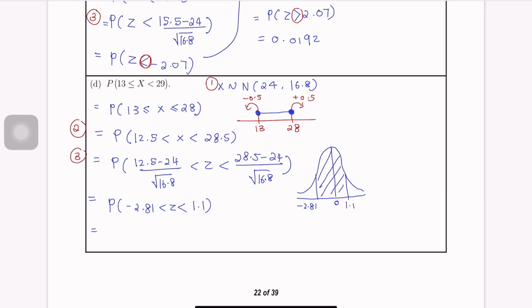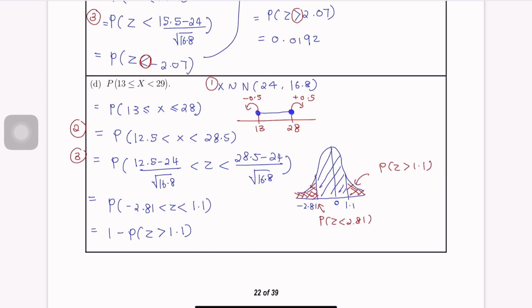So what we can do is 1 minus, because we don't want this area. This area is Z greater than 1.1. So 1 minus probability Z greater than 1.1. And we also don't want this one. So what is the area? This one is probability Z less than negative 2.81, because this red area is on the left of the line negative 2.81.